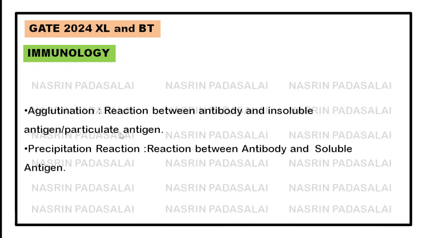So for agglutination, you need to remember the words particulate or insoluble antigen, whereas precipitation is a reaction between your antibody and a soluble antigen. The best example of precipitation reaction is immunodiffusion. Ouchterlony double immunodiffusion and radial immunodiffusion all come under the category of precipitation reaction. In the precipitation reaction, the antigen is soluble, whereas in agglutination reaction, it is insoluble.